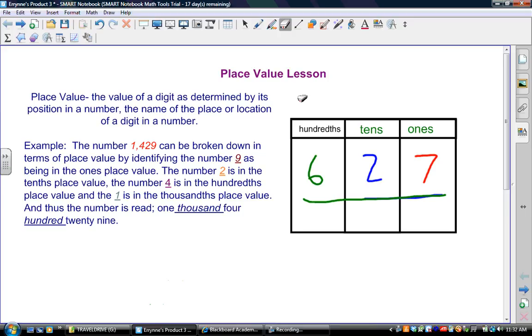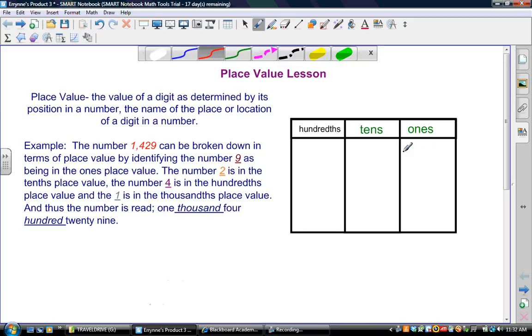The example is as follows. The number 1,429 can be broken down in terms of place value by identifying the number 9 as the number in the ones place. So let's erase this example and let's fill this in. So the number 9 is in the ones place. So I'm going to go to my ones column and write the number 9.